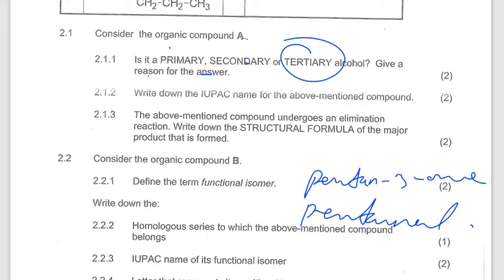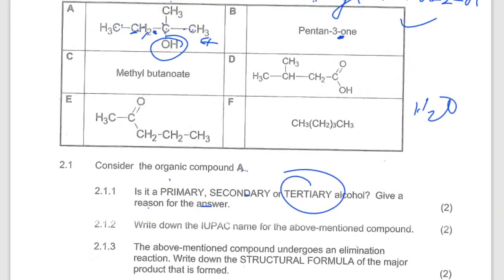Simple. The letter that represents its positional isomer: when you talk about a positional isomer, it must be of the same family. It must be the same ketone, because they're saying positional isomer. So 1, 2, 3, 4, 5.